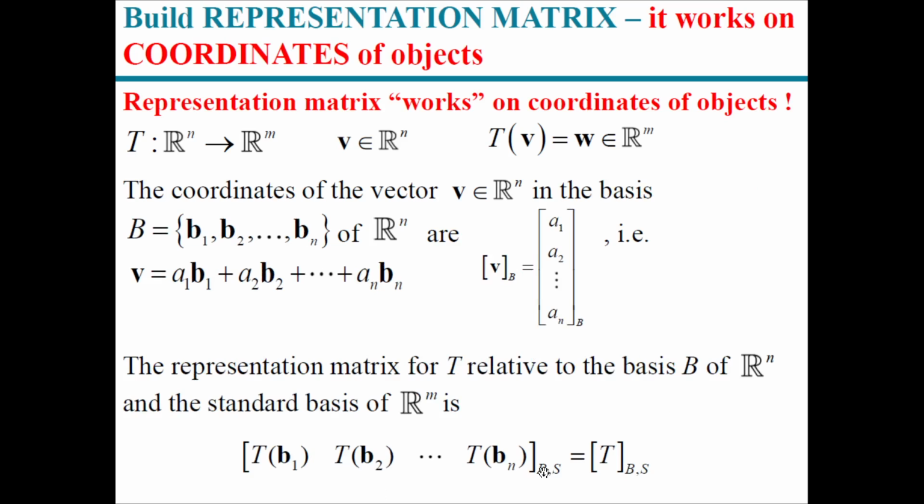Now, if I want to build a representation matrix relative to basis B for the inputs R^n and the standard basis for outputs R^m, it's not a big deal. I just take the vectors from the basis B and apply the linear transformation to them, and I put the results in columns of the matrix, because TB1 is a vector in R^m, and that vector has the same components as its coordinates in the standard basis.